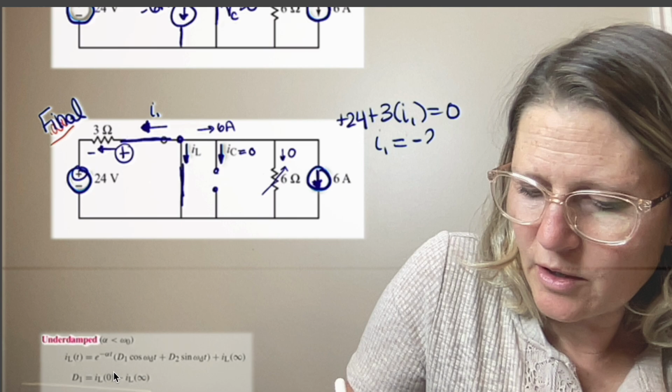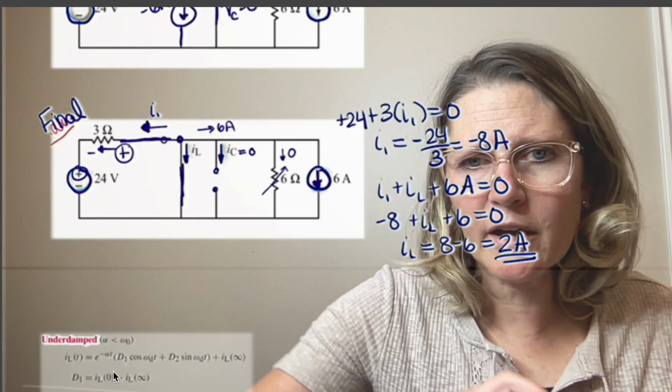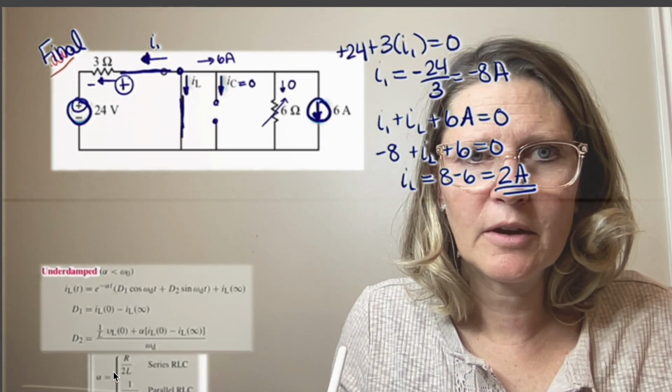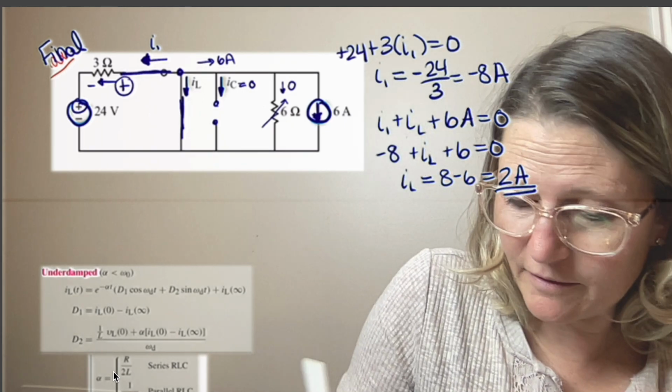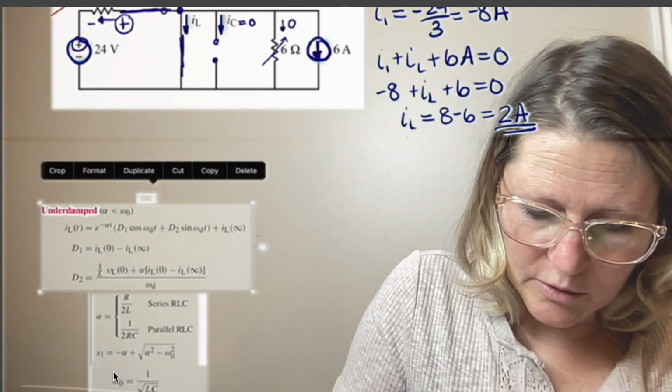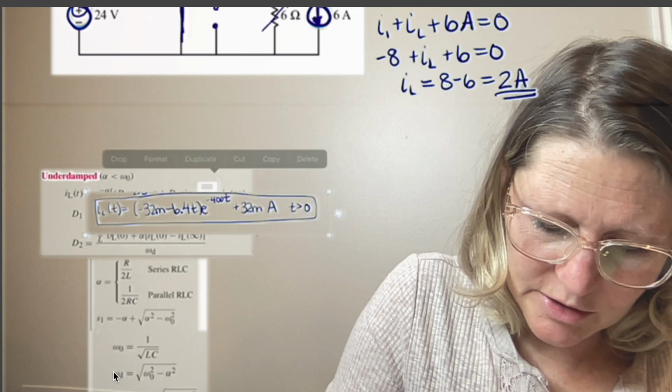And so plugging in minus 8 plus IL plus 6 gives me an IL of 8 minus 6, or 2 amps. So this will be the final value for IL.